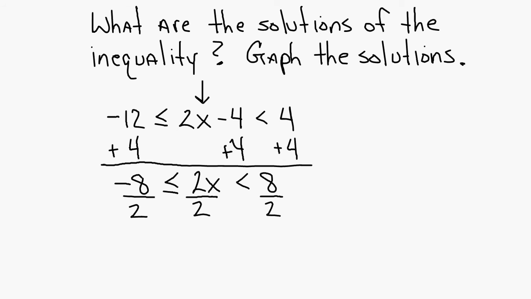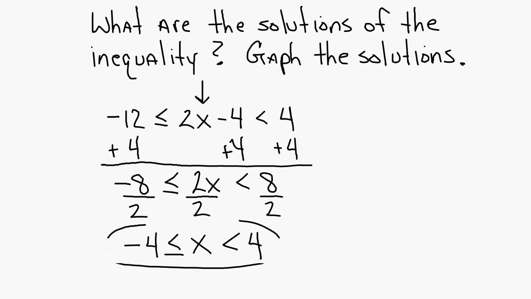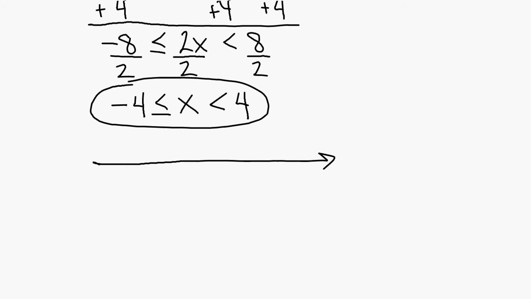So negative 8 divided by 2 is negative 4, is less than or equal to x, which is less than 4. So that is the solution to your compound inequality, or those are the solutions. So when you graph those, you've got your number line, you've got a negative 4 on it, and you've got a positive 4 on it.